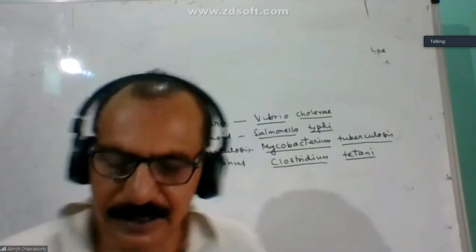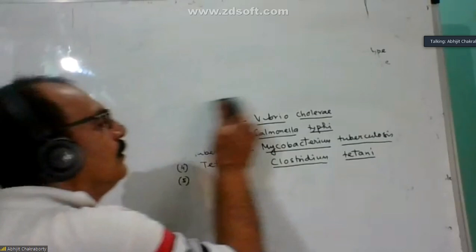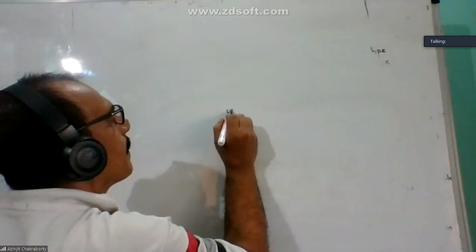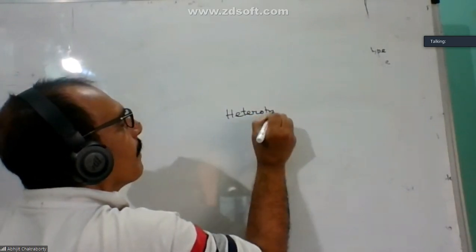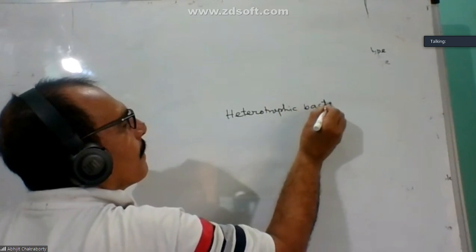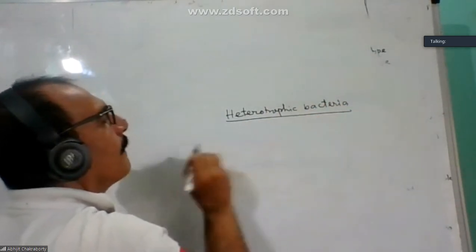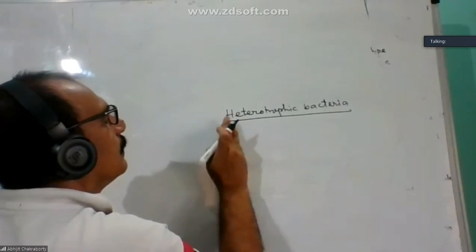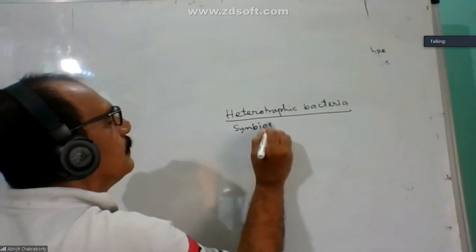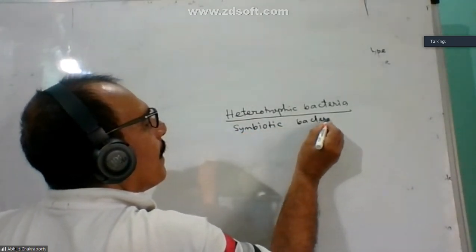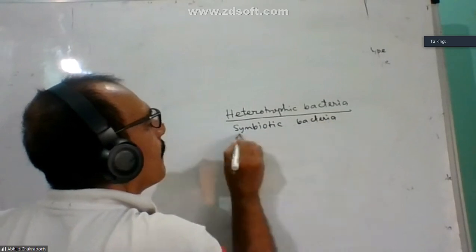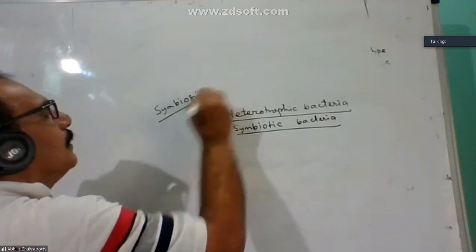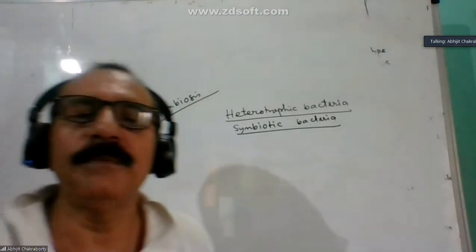Okay? Now I am going to the third type under bacteria, symbiotic bacteria. I think you are aware of this term symbiosis.